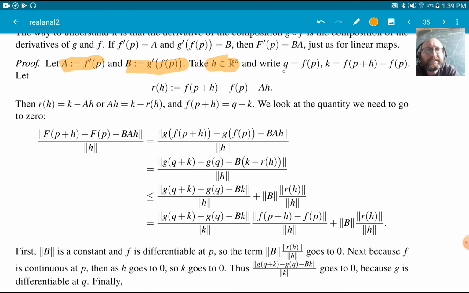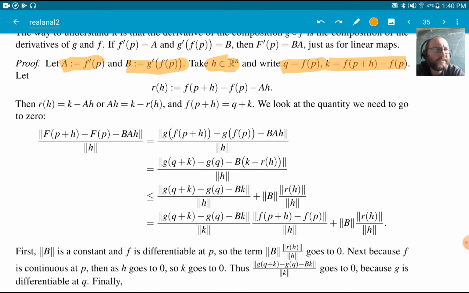So now let's give some other names. Let's write q as f(p), and let's write k as f(p+h) minus f(p). And I just noticed, to follow the convention in this book, I'm defining q and k, so that's a small typo, but that's what they should be.